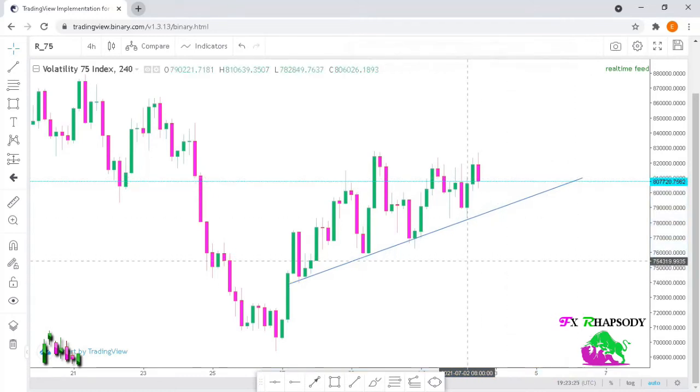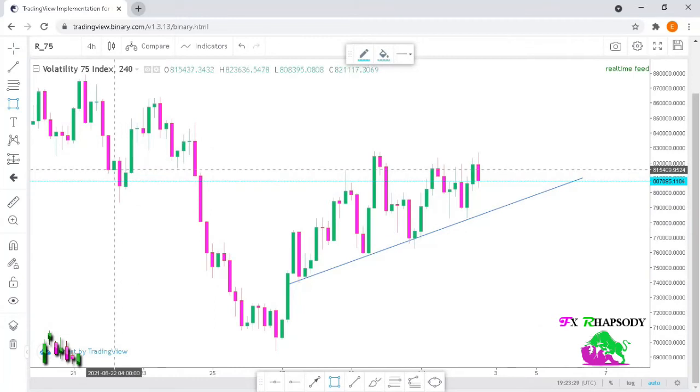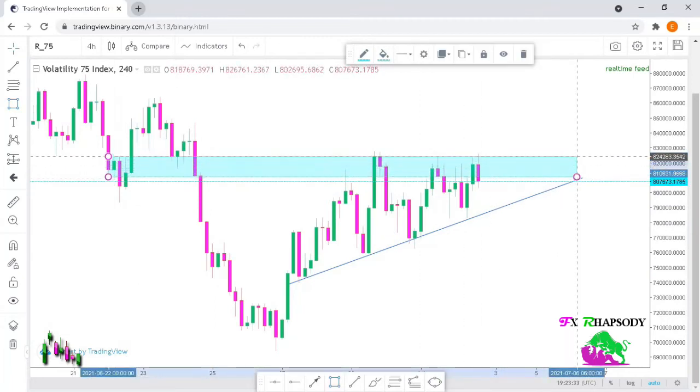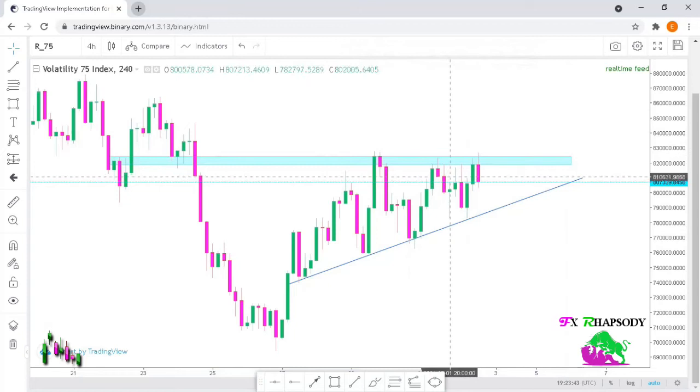Fibonacci works alongside candle patterns, or price action patterns. Just wanted to draw this here. Let's do it over here. There you go. Another big support and resistance over here. You can see it tapping it, not breaking through, almost broke through. You can see it on this side as well.